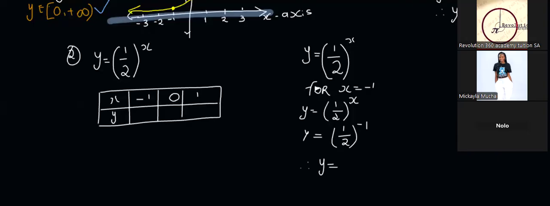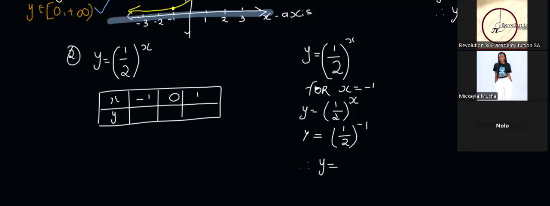It's 2. Yes, it's gonna be 2. So you write 2 there. Then that 2 you're gonna go and write it there. Then you do the second one.